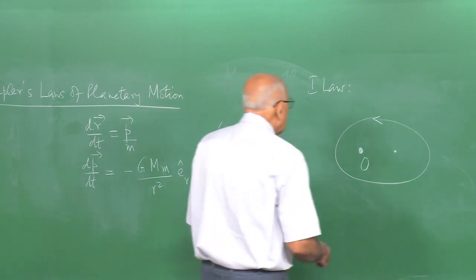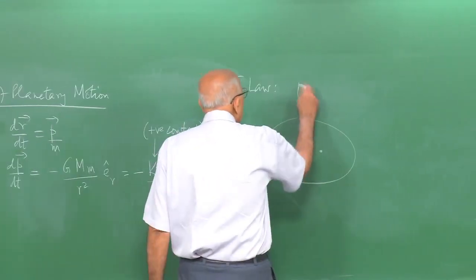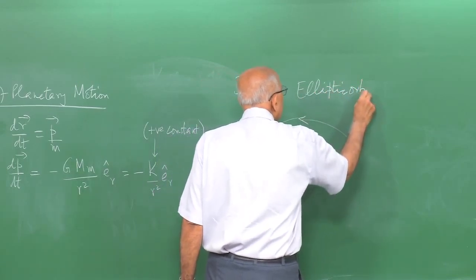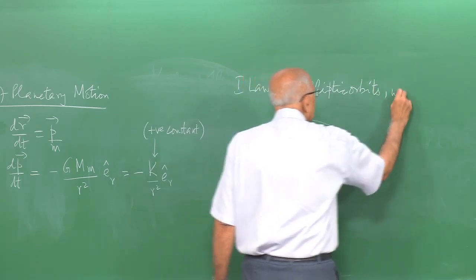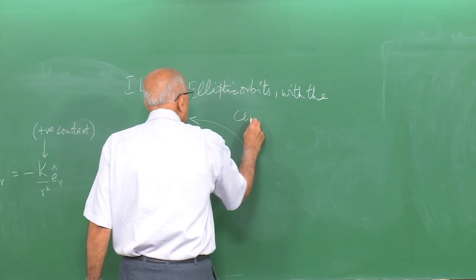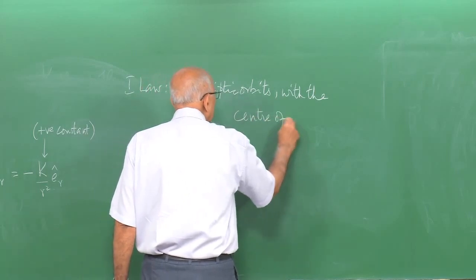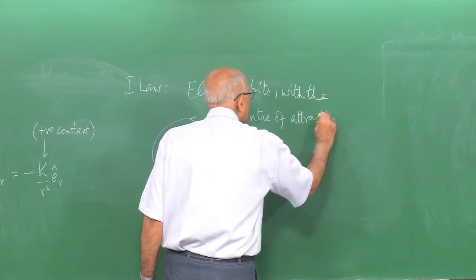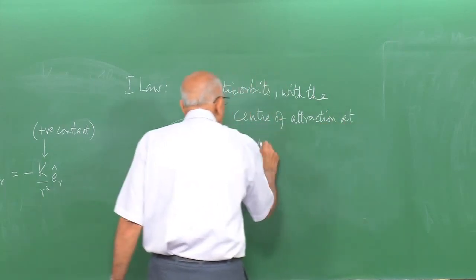So, in exactly the same way, you have elliptic orbits with the sun, or rather the center of attraction or origin of coordinates in this case, at one of the foci.